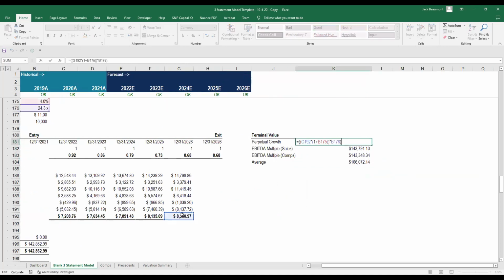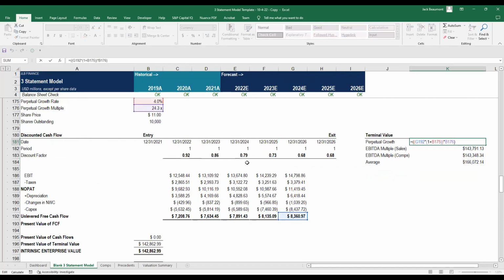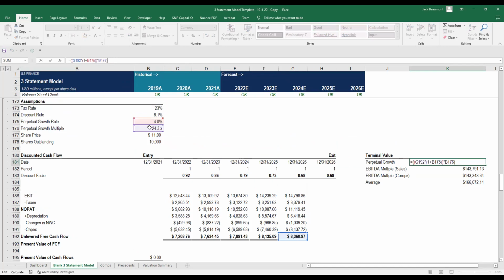So what we're doing is taking our last cash flow, multiplying that by 1 plus B175, which is our perpetual growth rate, and then we multiply that by our multiple. So the multiple, I just did 1 divided by this minus this. So it's just like, what is that $1 value worth in perpetuity?